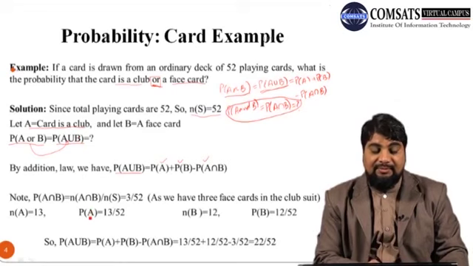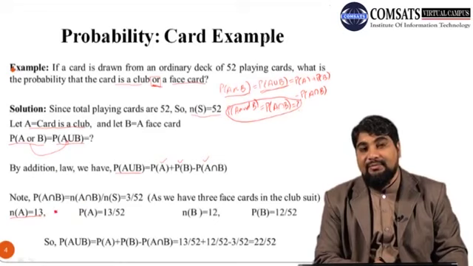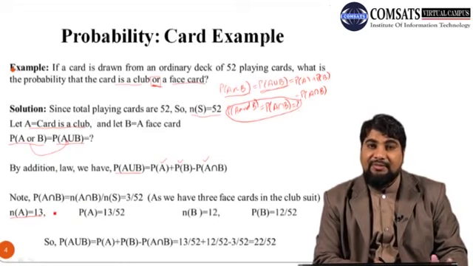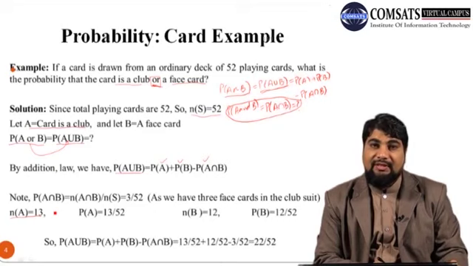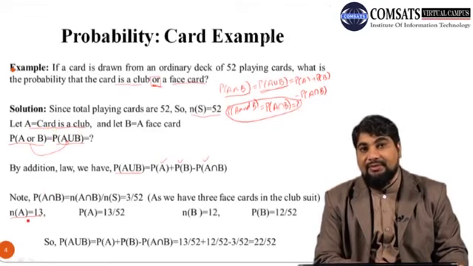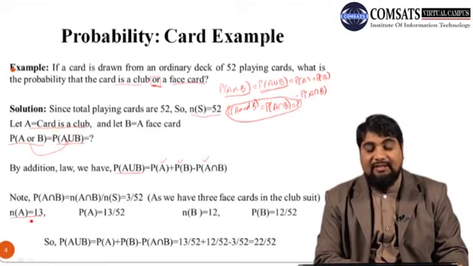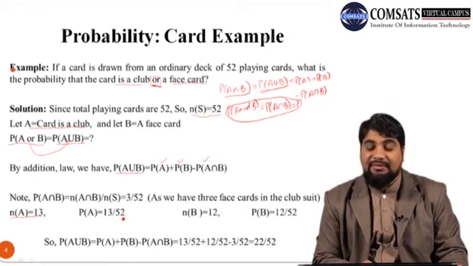There are total 52 cards and 4 suits, and one suit is of club containing 13 cards. So the number of sample points in A is 13, and probability of A is 13 divided by 52.